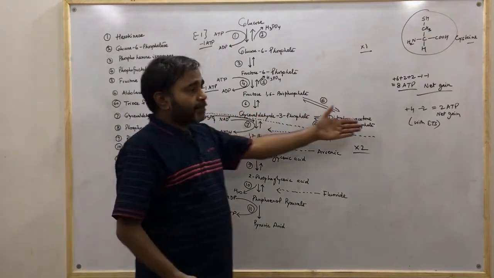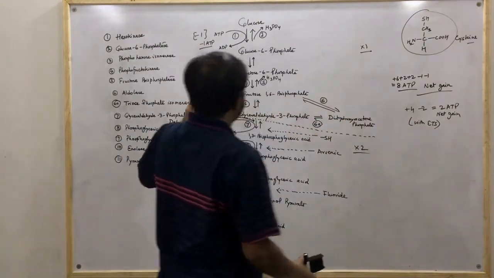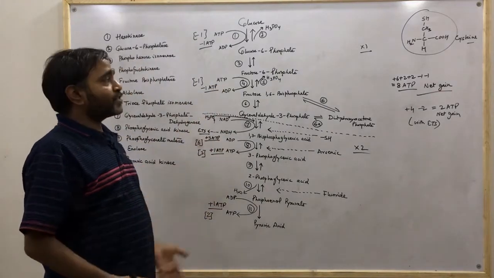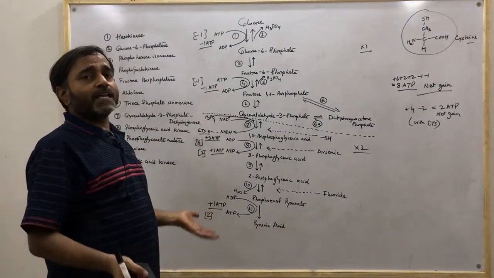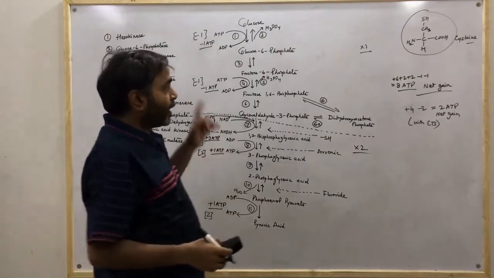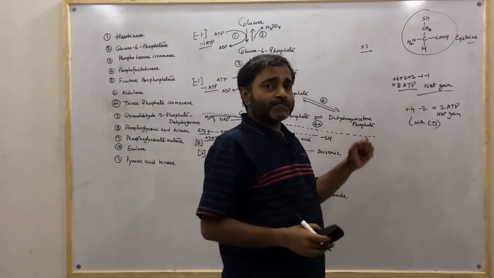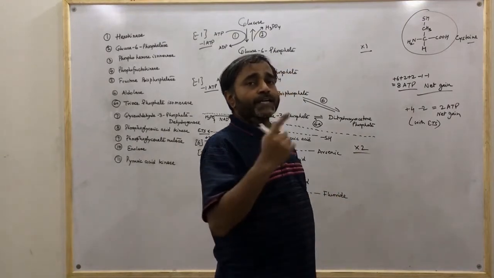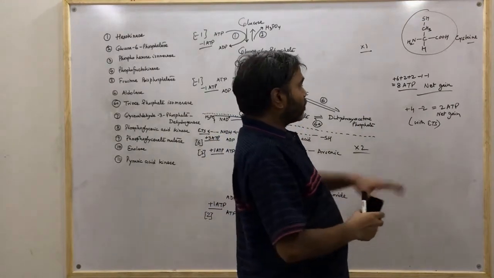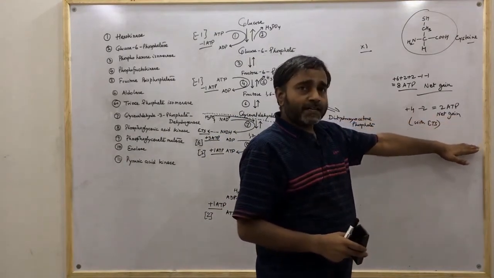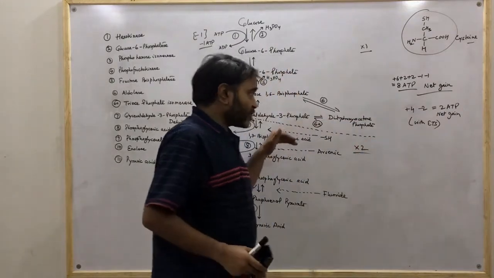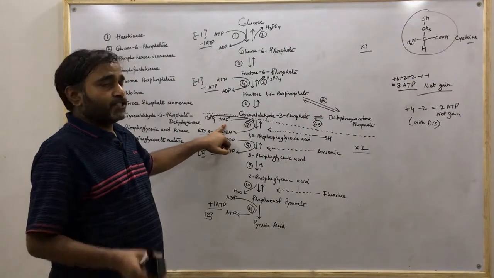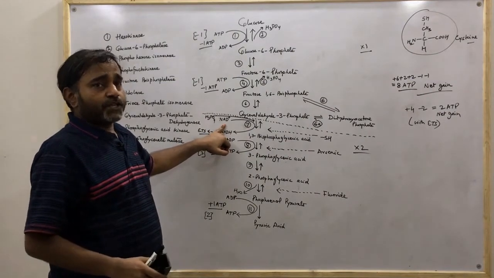So this is the concept regarding this particular pathway, glycolysis, which is common in aerobic as well as in anaerobic systems. But see, in the anaerobic system, 2 ATP is the net gain. Why? Because 2 ATP is getting generated, but reduction of NAD plus is occurring and it is getting changed into NADH.